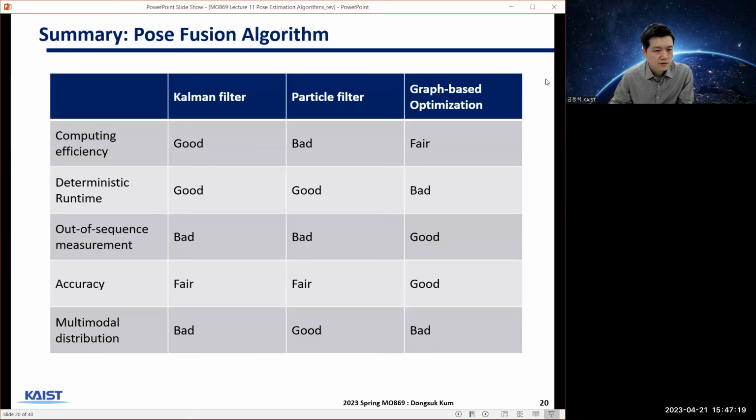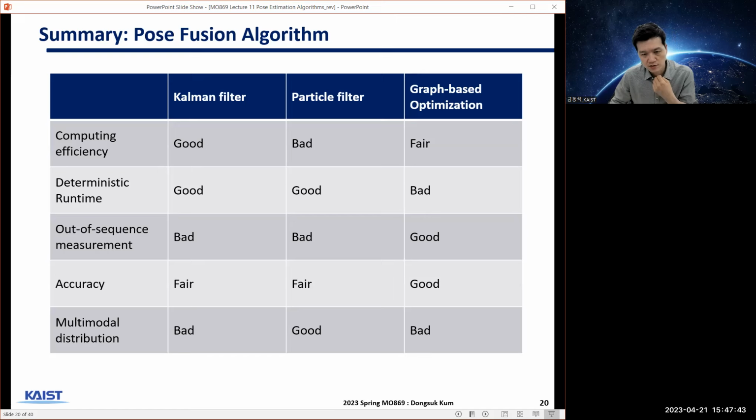so this is a quick summary of three post-fusion algorithms. Some are computationally more efficient, some are faster, some are slower, some are more generally applicable when it comes to distribution.